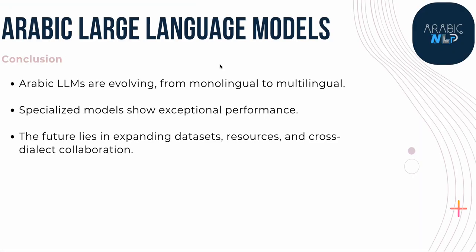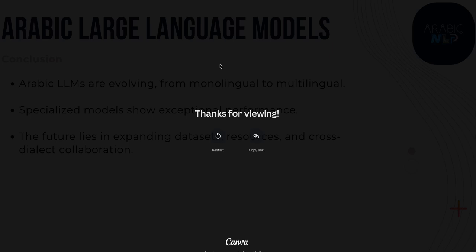So yeah, that was everything I wanted to present today. And I can say, with this comprehensive overview of Arabic large language models, that these models are transforming how we approach natural language processing for Arabic. With these advancements, we see growing capabilities in different tasks, even beyond sentiment analysis or text summarization.